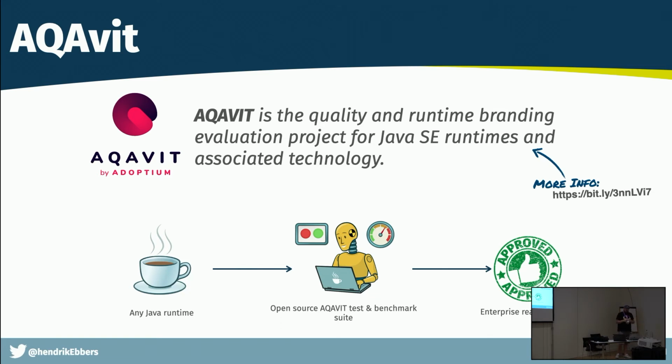Without this, you are not allowed to use the Java trademark. And since it's closed source, you need to sign a contract with Oracle that you are allowed to run these tests against your binaries. So Oracle has a kind of business model to check if binaries are Java binaries, right? Based on this, Oracle is not that interested in having something like this as part of the OpenJDK.